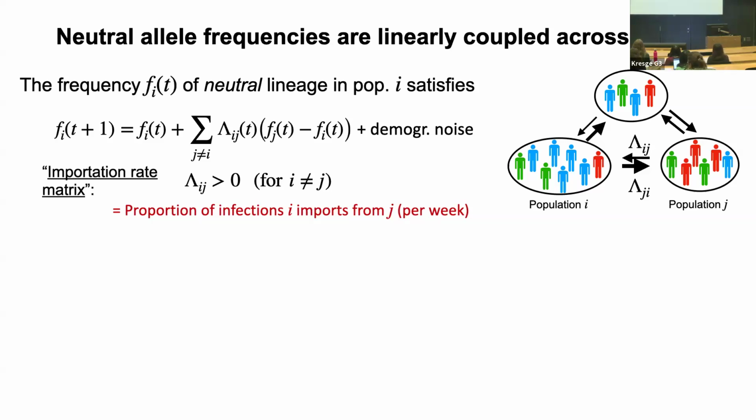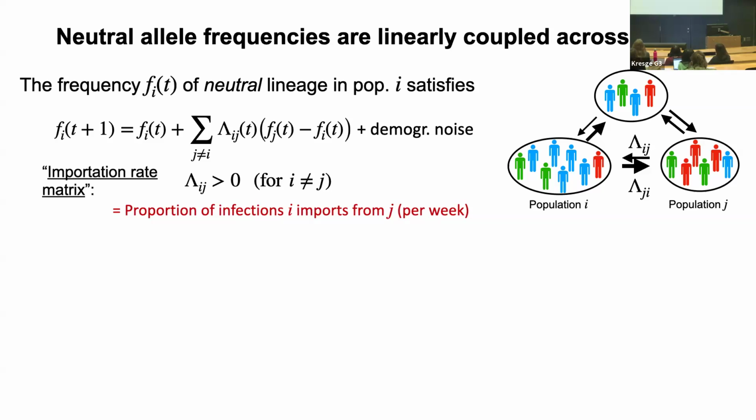But then there's another deterministic change, which comes from importations from other groups. You have to sum over all possible groups j that are not equal to i, from which you can import. If you look at just one j, due to importation you can change the frequency if in j the frequency is actually different, right? You can imagine the frequency difference matters, because if the frequency is the same, then if you import from that region, you don't expect any change.